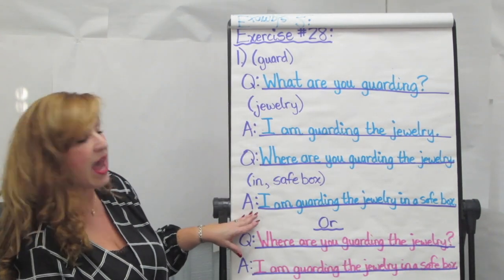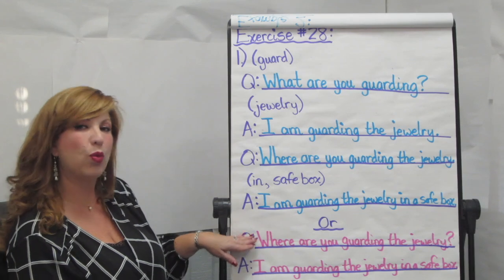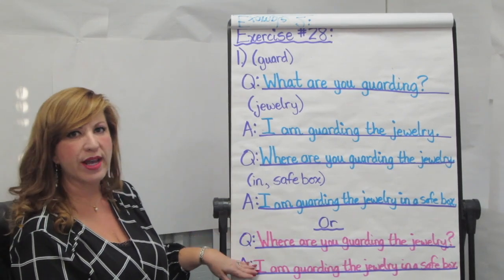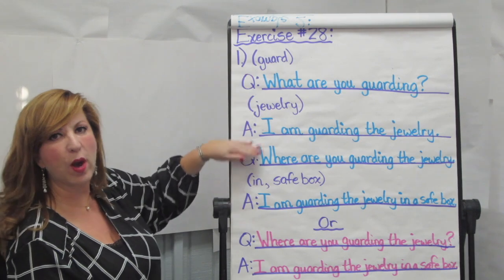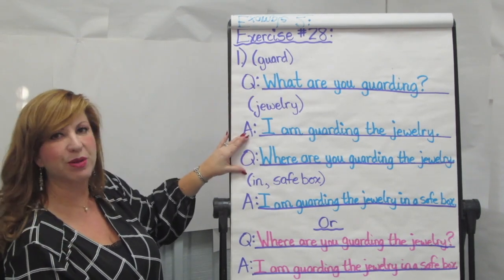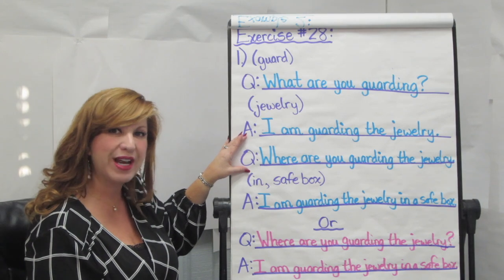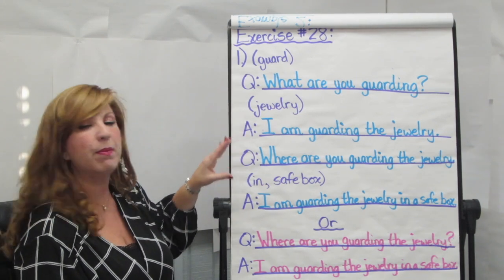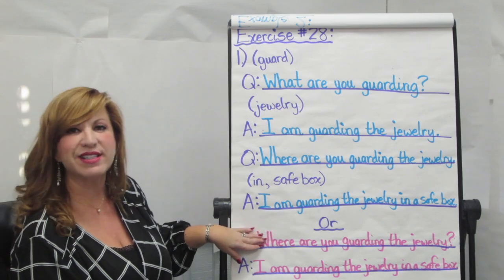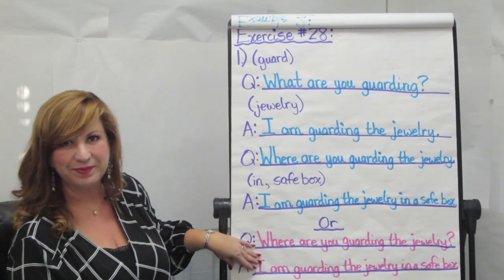So again, we have the combination of the two in one question, one answer, but we could always do it in two questions, the what question and then the where question, but you always have the option as you practice to combine them and turn it into one question that addresses the what and the where.